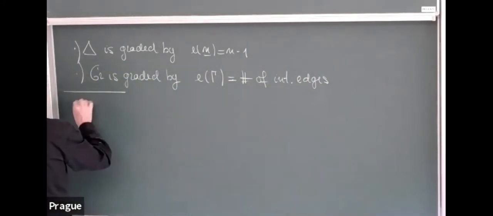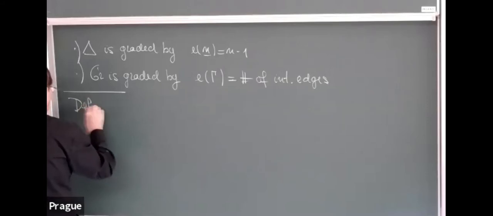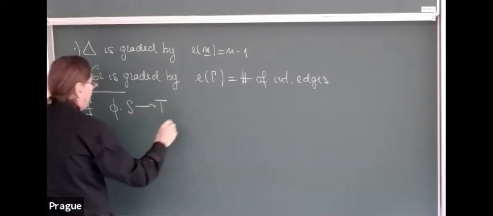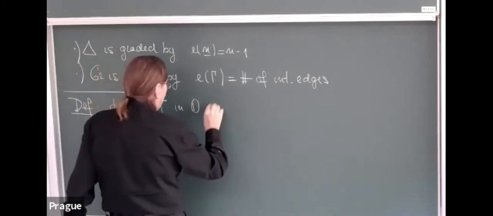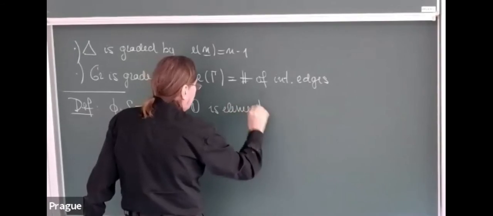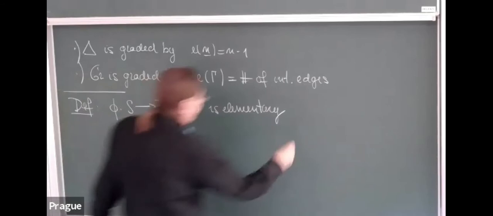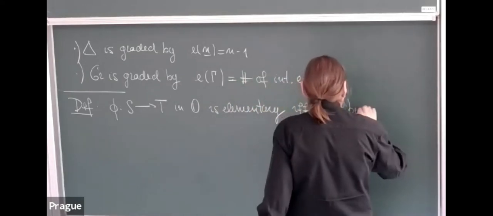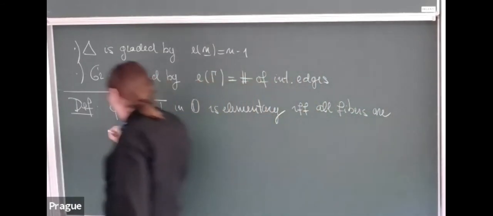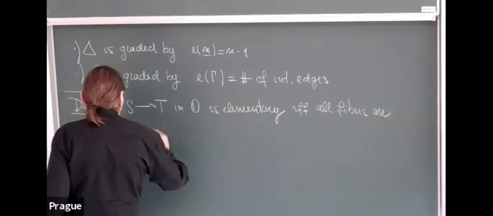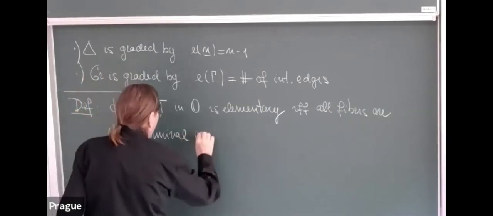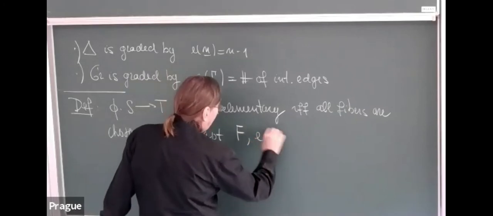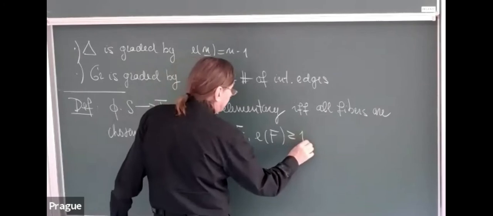I say that this is the definition: the map phi from S to T in O is elementary if all fibers are chosen terminal except one fiber F such that the grading of F is like this.